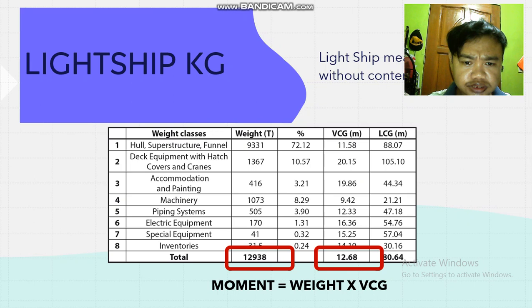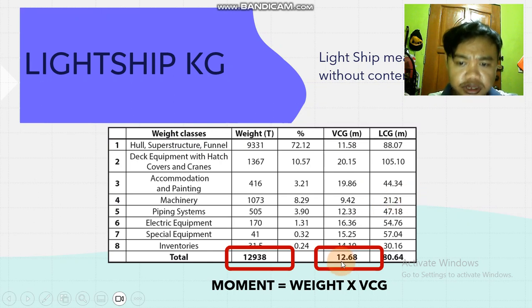In this table, we have the total weight of the light ship, which is 12,938, and then the vertical center of gravity, both expressed in meters.